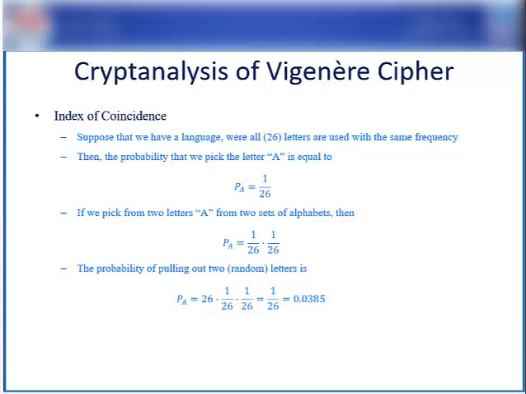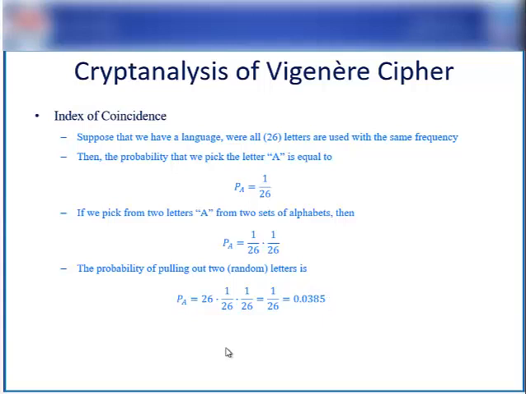If we calculate the probability of pulling out two random letters, then this probability would be 26 times 1 over 26 squared, since out of 26 we are trying to choose two random letters. So these 26 cancel and we have 0.0385.